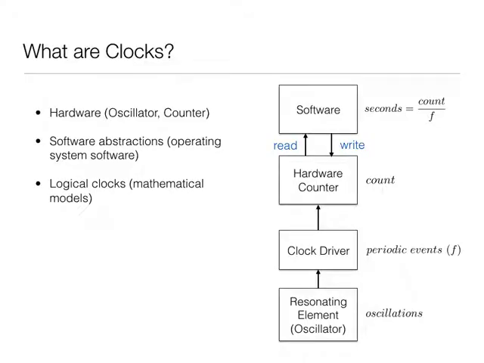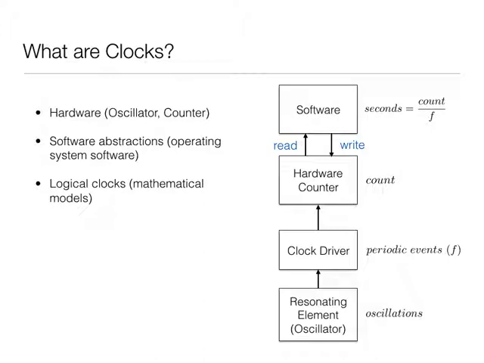So what do you think of when you hear about clocks? A clock can be a hardware entity like an oscillator or a counter. Deep down in the hardware, a clock is provided by an oscillator that ticks at a nominal fundamental frequency. This is the core source of your clock, which is periodic in nature and provides the periodic oscillations.